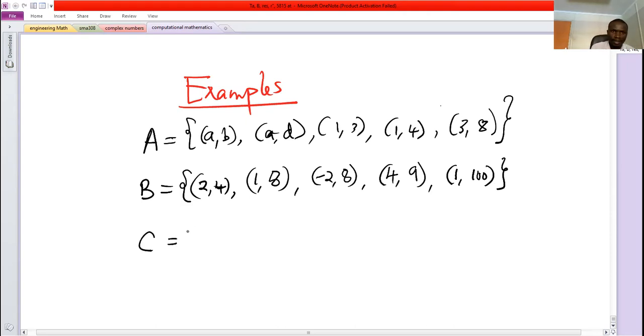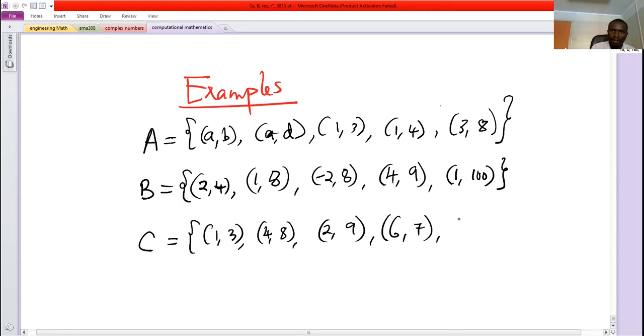If I have C: (1, 3), (4, 8), (2, 9), (6, 7), (9, 10), (a, d squared), this is an example of a relation.